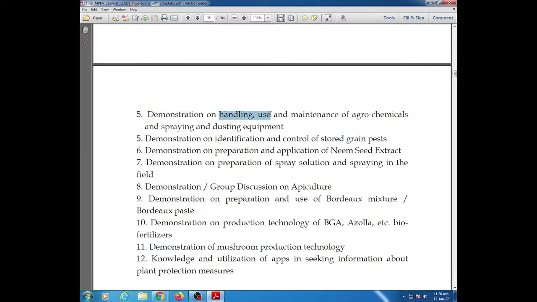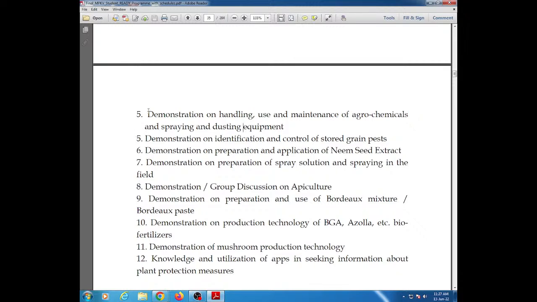Demonstration on handling, use and maintenance of agrochemicals and spraying and dusting equipment. Safe handling and proper use and maintenance of agrochemicals should be done in front of the farmer by following all the instructions and procedures, which are very important for the safety of the farmers themselves, or the safety of the laborers who are doing those activities in the field.